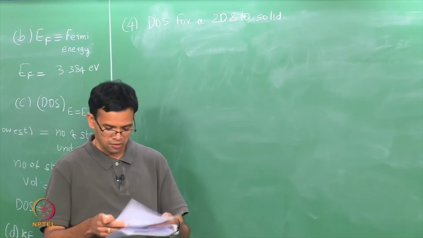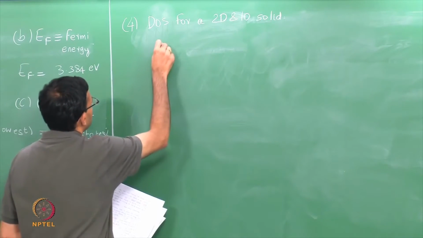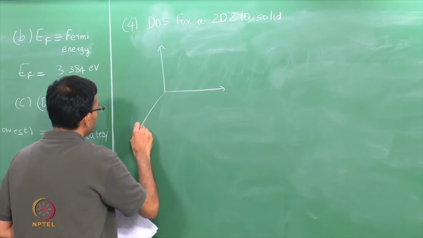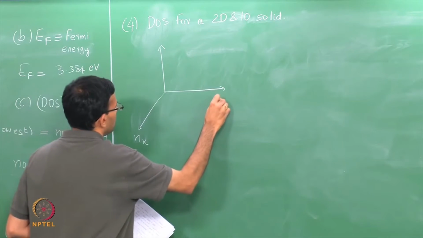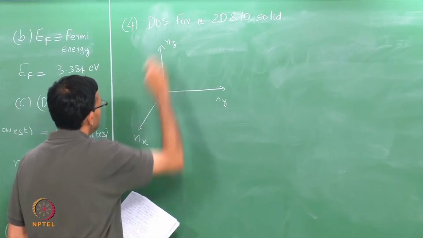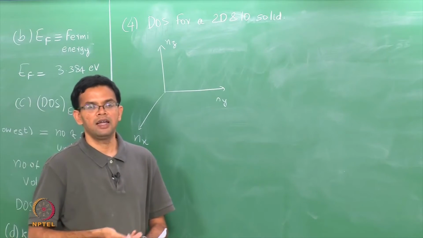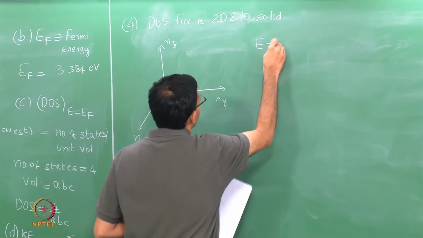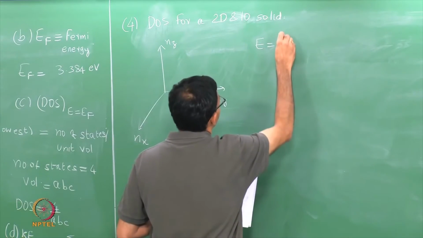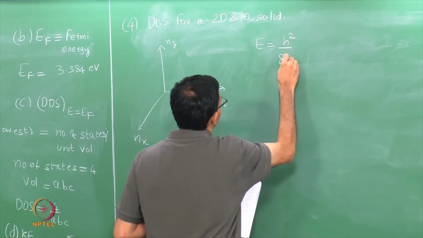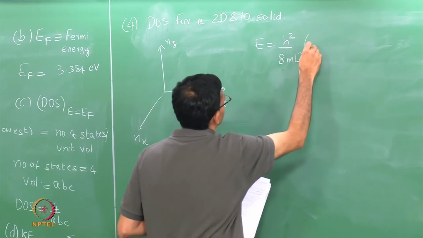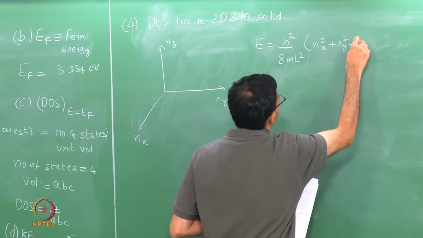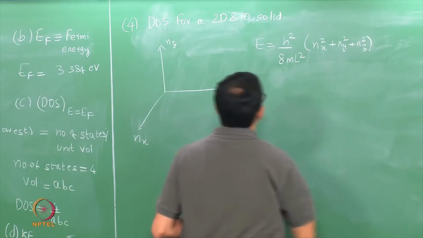In the case of a 3-dimensional solid, we once again defined 3 quantum numbers nx, ny and nz, and just like a particle in a box which we just saw in the previous problem, we were able to write an expression for the energy which is nothing but h square over 8 m L square times nx square plus ny square plus nz square.